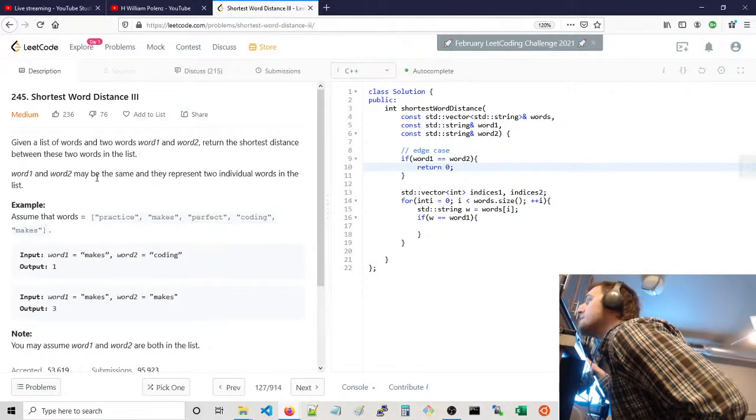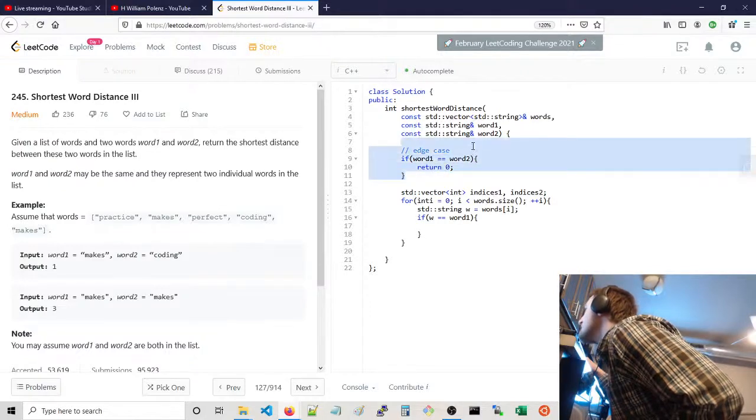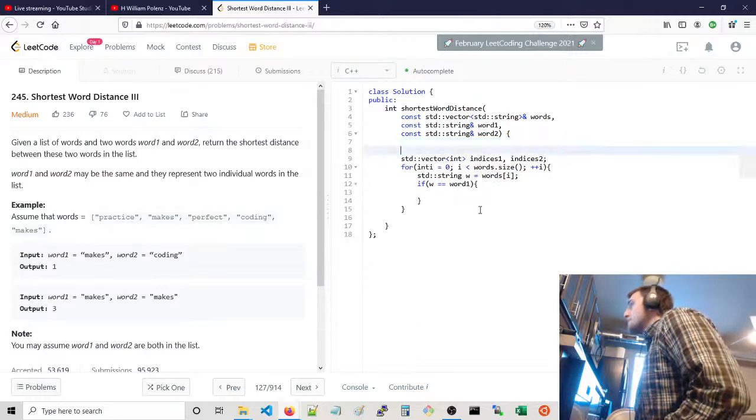Oh, they may be the same and they represent 2 individual words in the list. Oh, that's very interesting. Oh, no kidding. Wow. I'll actually handle that separately then.